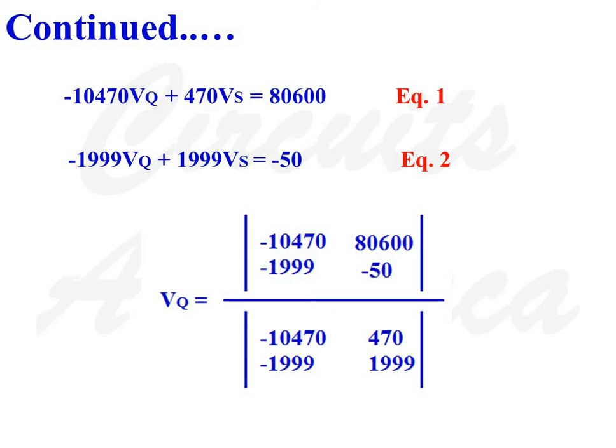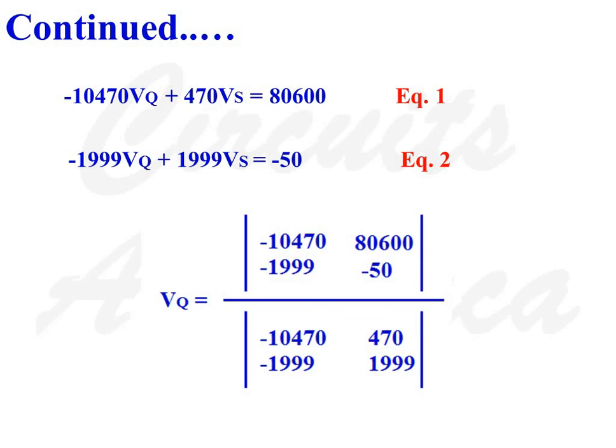So we have two equations. Minus 10,470 VQ plus 470 Vs is equal to 80,600, equation number 1. Minus 1999 VQ plus 1999 Vs is equal to minus 50, equation number 2.